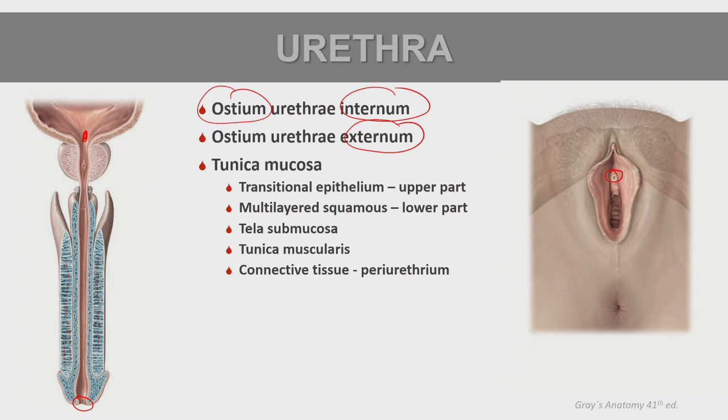In a male it is at the tip of the glans penis, and in a woman it's between labia minora, above the ostium of vagina. Tunica mucosa is made by transitional epithelium in the proximal part. In the distal, lower part is multi-layered squamous epithelium. It contains also submucosa, muscular layer, and connective periurethral tissue.